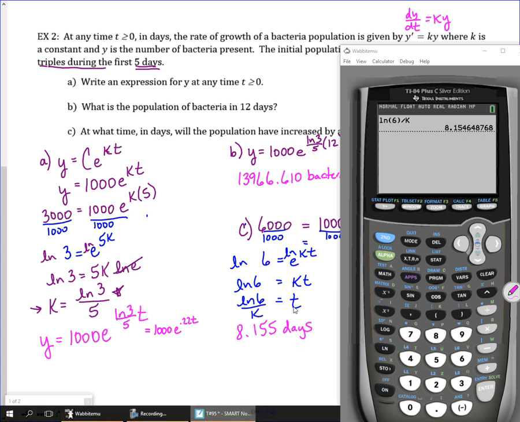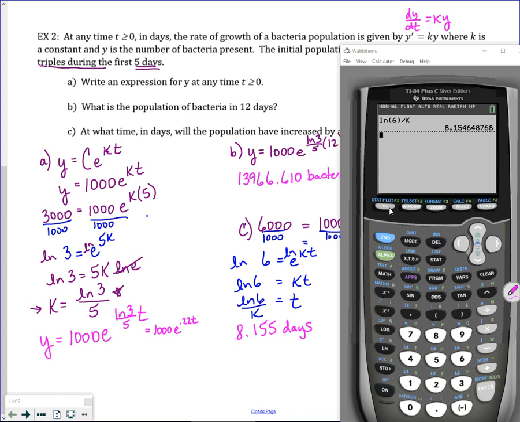For you people that are like, I like graphically better, anytime you have an equation and what it needs to equal, you can put your equation in y1. So you have e to the, I can put k in there in my variable, that's fine. I can put 6,000 in y2. Just you graphical people, again, what you have on your work is just the equation and then the answer, and that's okay. You just have to be good at finding your window.